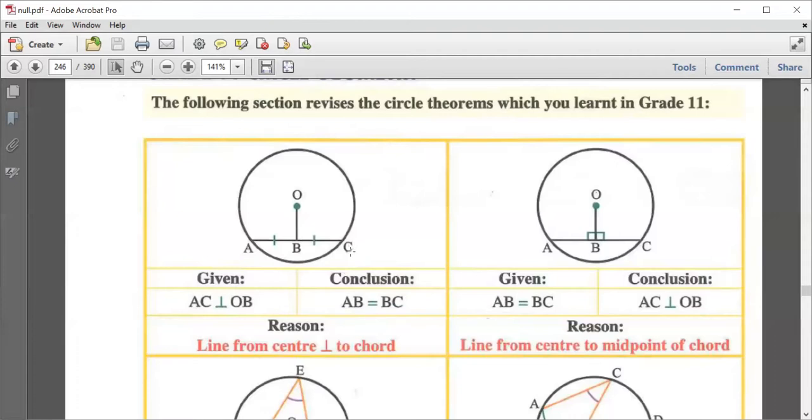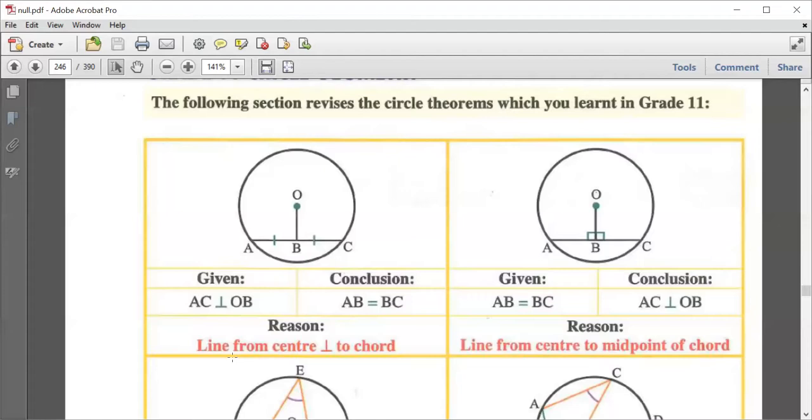So the reason you can provide for this conclusion is that the line from the center is perpendicular to the chord. That is the conclusion which you can make, where you can justify that the distance AB is equal to distance BC.